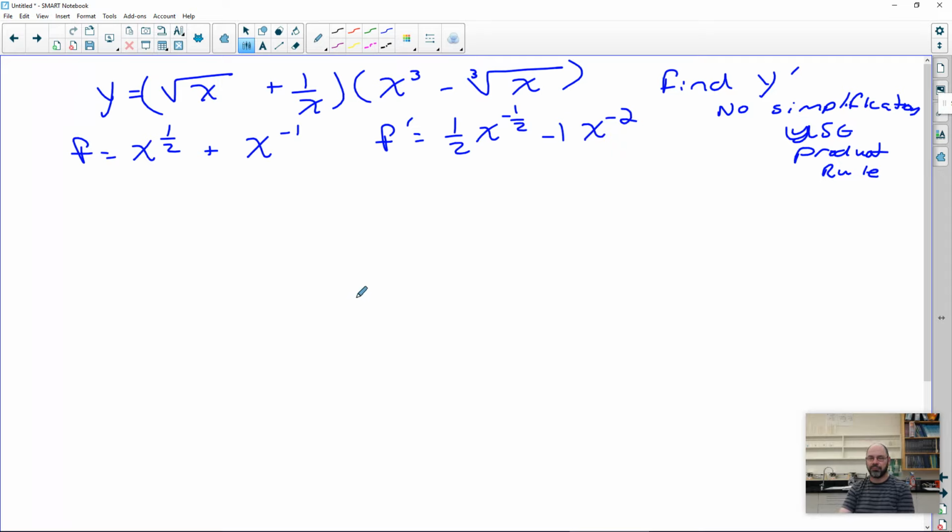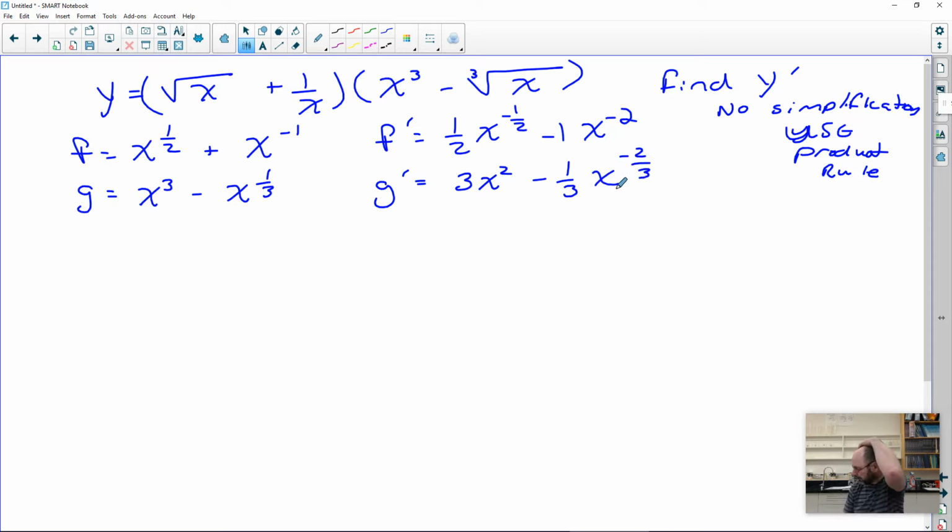So there's our derivative. Pardon me, we haven't done the product yet. The g part is x cubed minus x to the 1/3 power. So let's do g prime. That'd be 3x squared minus 1/3, and 1/3 subtract 3/3 gives x to the negative 2/3.